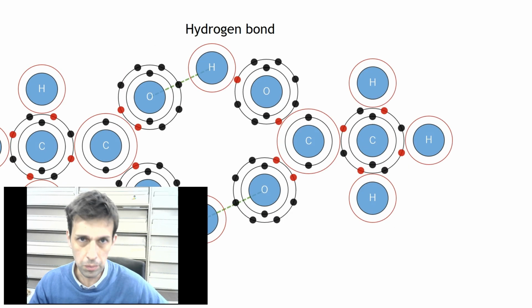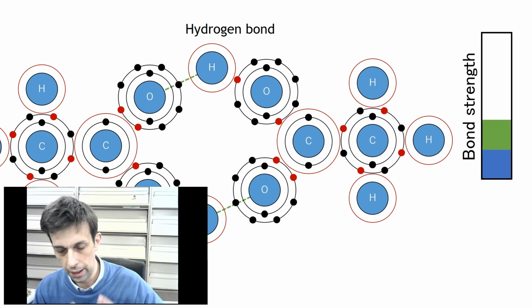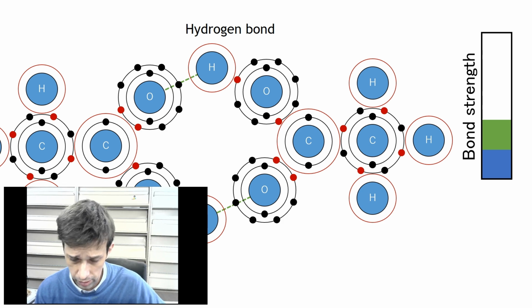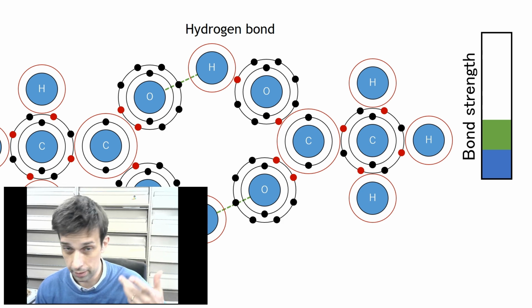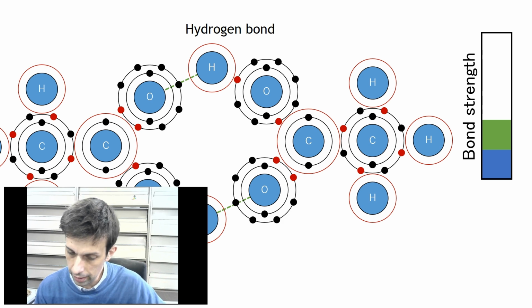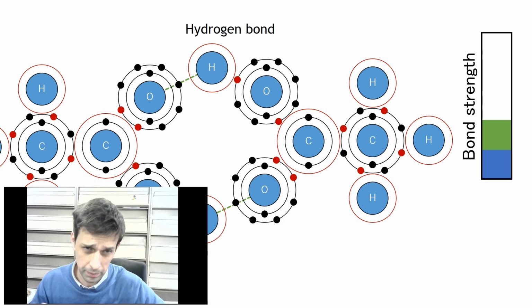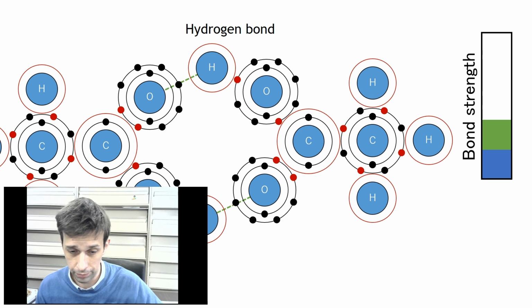Next one, hydrogen bond. In the hydrogen bond, one hydrogen that is bonded with a covalent bond to an electronegative atom, like oxygen in this case, finds another oxygen or another electronegative atom and finds it very attractive. So attractive that it feels like a weak bond is formed between it and the new electronegative candidate.